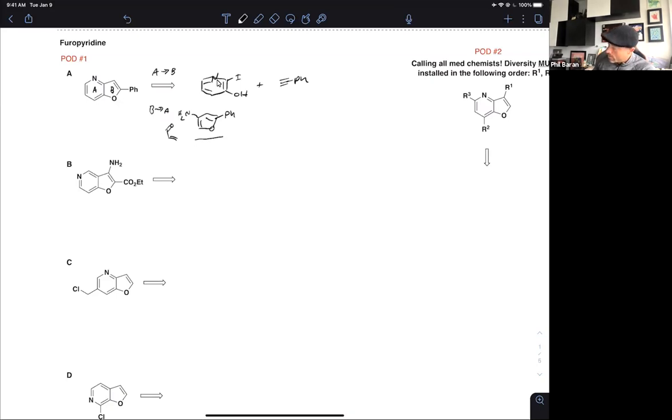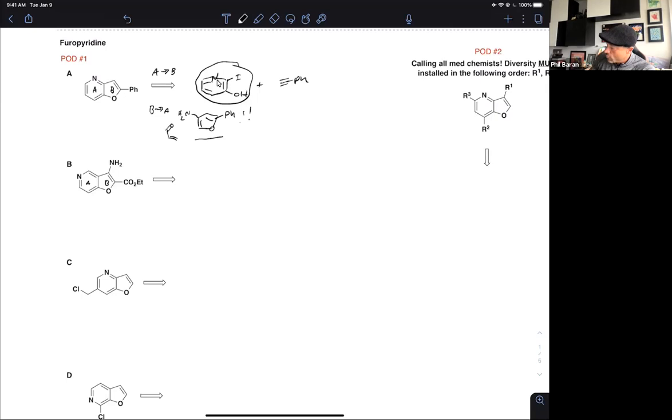So that would be a big warning sign there. And then you have to actually make that furan, which is going to be a lot more steps than simply buying iodopyridine or simply making it. So that's why this seems very intuitive and very fast. So with the same logic in mind, Nathan, what are your thoughts on problem B?